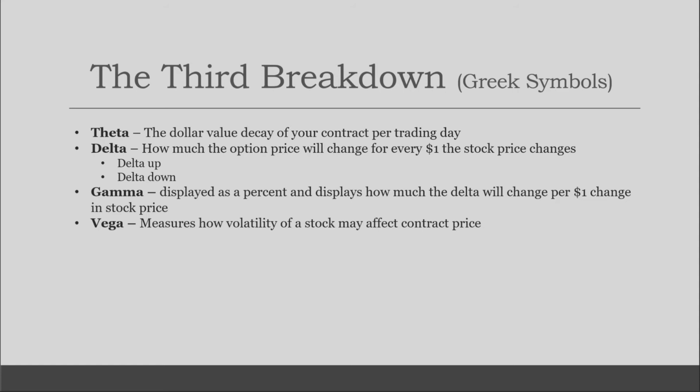And finally, vega simply measures how volatility of a stock may affect contract price. From my personal experience, theta and delta are the most important when it comes to playing options. Gamma and vega do play a role, but the majority of traders look at theta and delta.